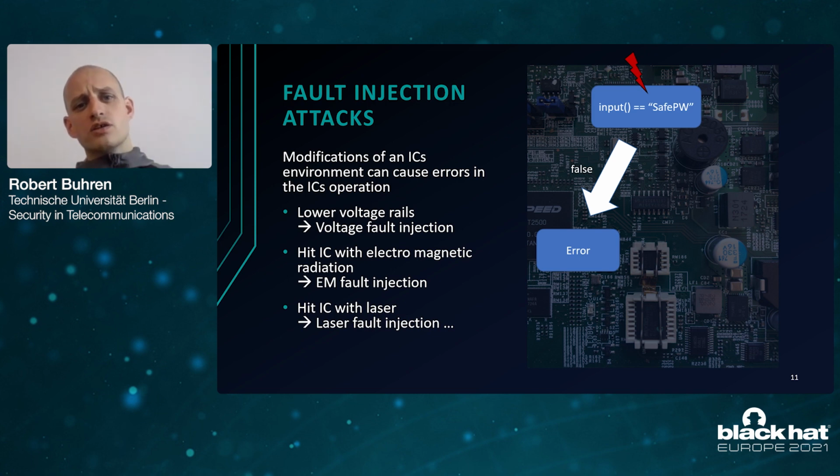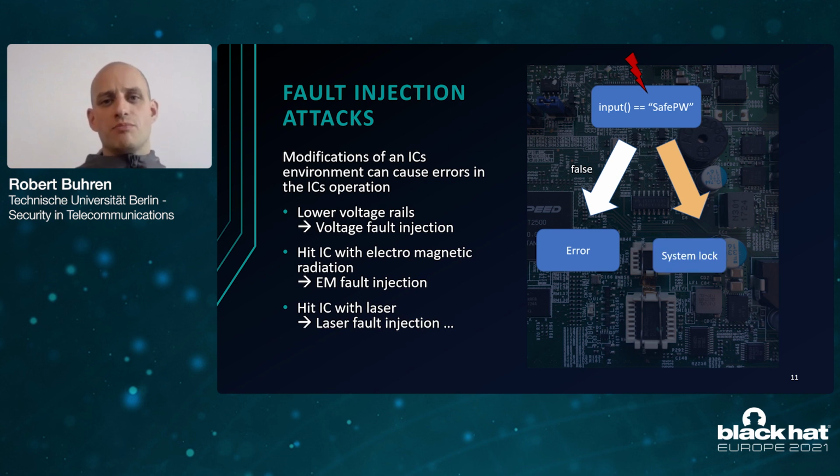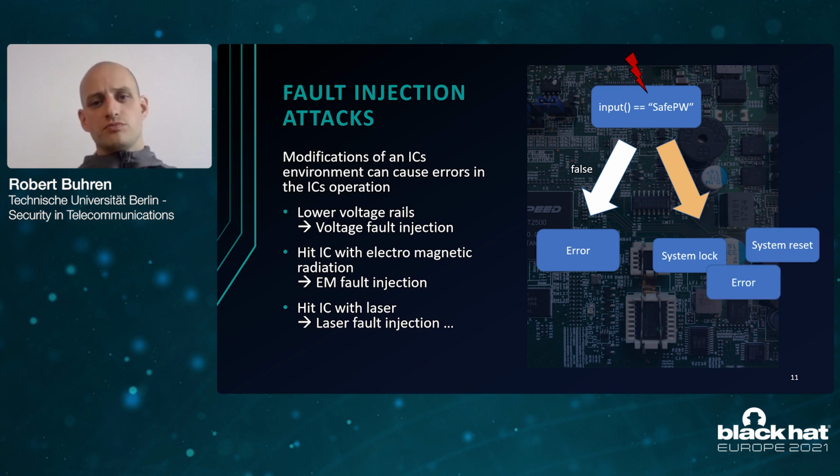Now imagine we're able to introduce a fault during this validation. There are a number of things that can happen. For example, we could just lock up the system. We somehow lowered the voltage too much, the system is no longer functional, and we have to reset it to try again. Or you directly reset the system: you lower the voltage and then raise it up again, and the system simply restarts.